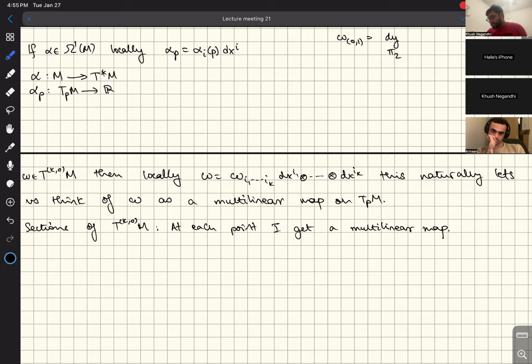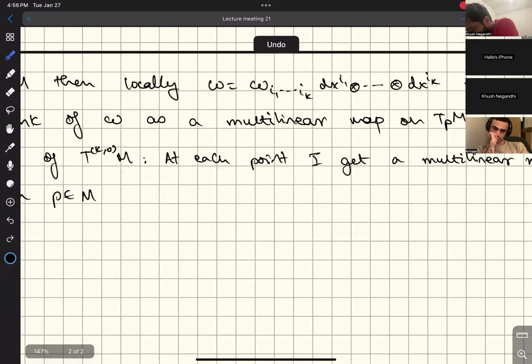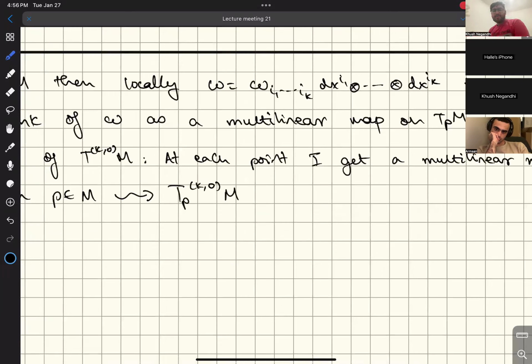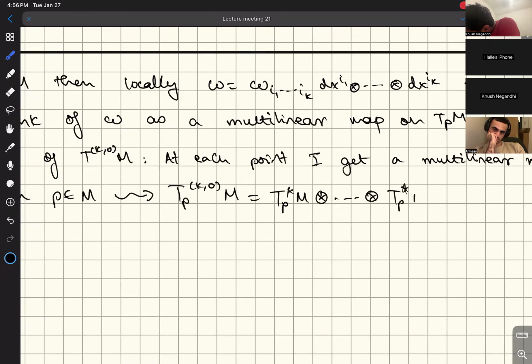What I'm saying is, at each p in M, if you look at T_p^{k,0}M, you know this is a vector space, and this is the tensor product. So this is equal to T_p^*M tensor with itself k times.